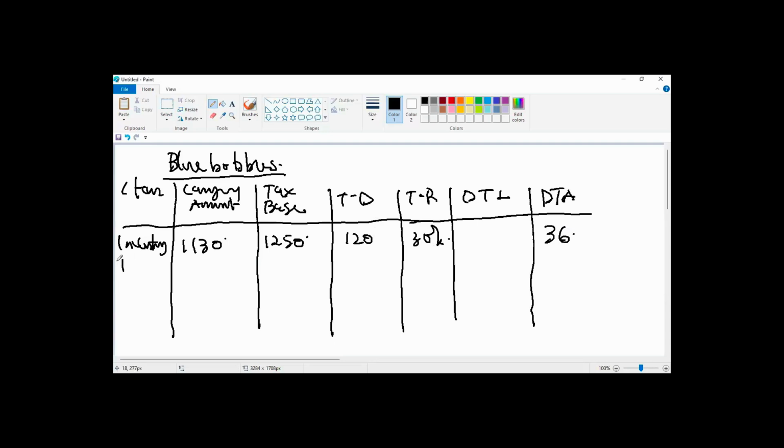Trade receivable. Trade receivable carrying amount of 450 after making a general provision for doubtful debt of 30. What is going to be the tax base now? Because provision for doubtful debt is not recognized, the tax base is 480.